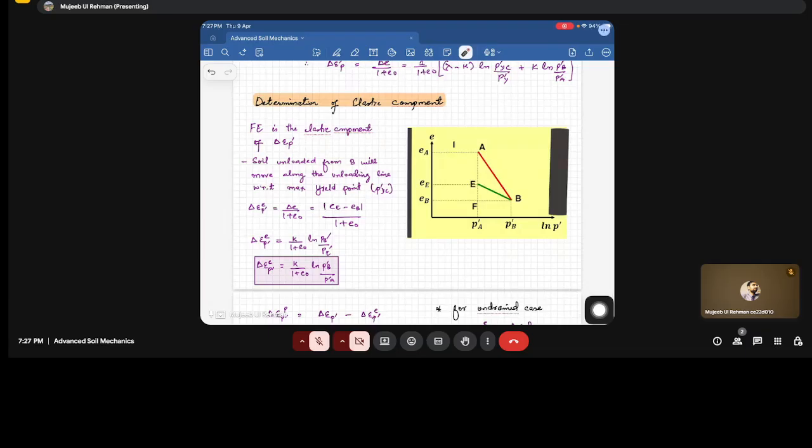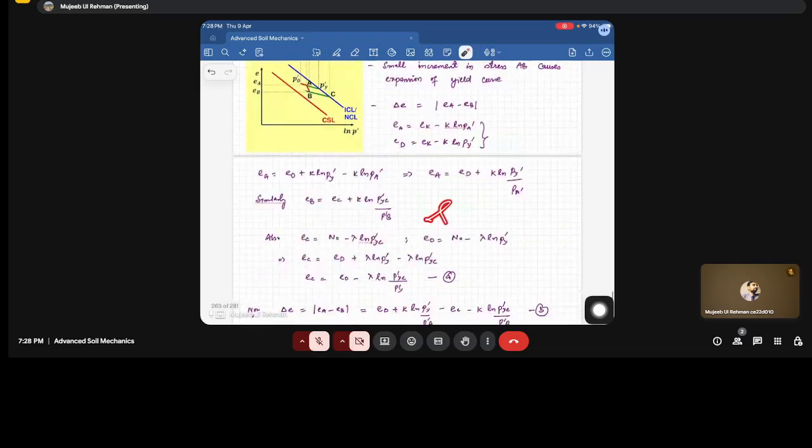So the elastic strain, delta epsilon_v^e, is going to be delta e divided by 1 plus e naught: the void ratio corresponding to E minus the void ratio corresponding to B, because it's the same E and F, divided by 1 plus e naught. So the same way we have done here, the same thing we have to do here.